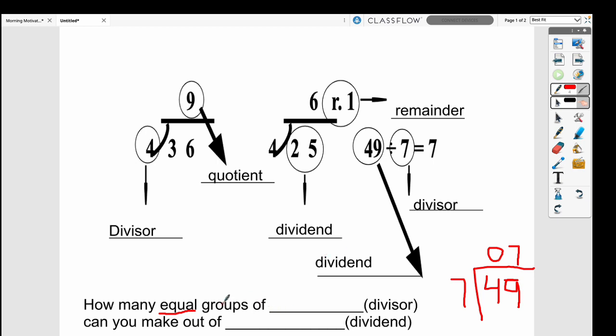How many equal groups of 4 can you make out of 25? Okay. The last one, how many equal groups of 7, just because it's written different, don't let it trick you, can you make out of 49?